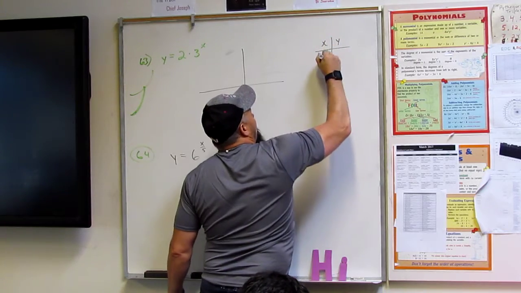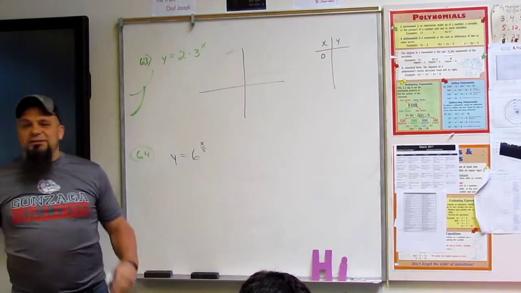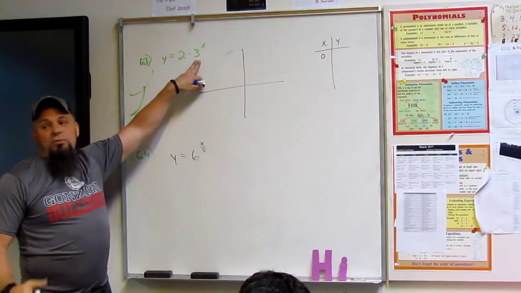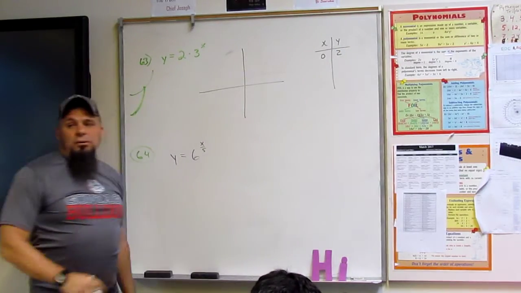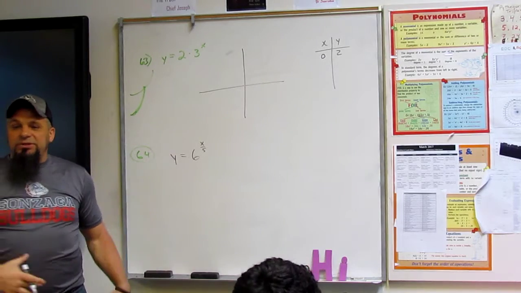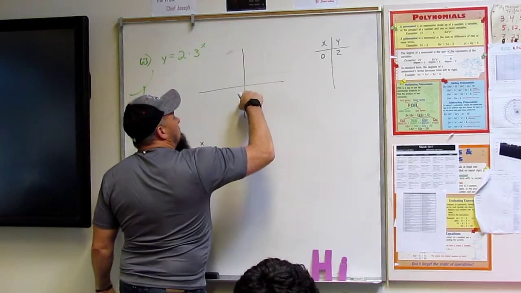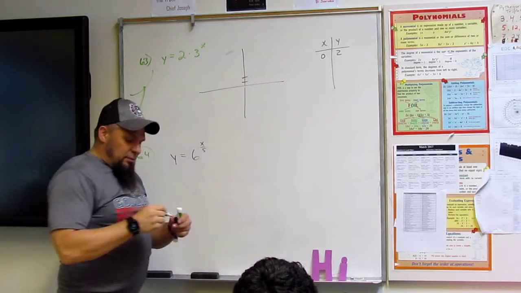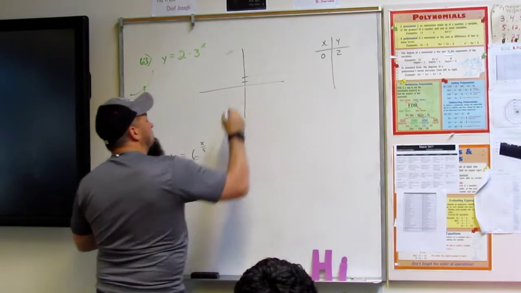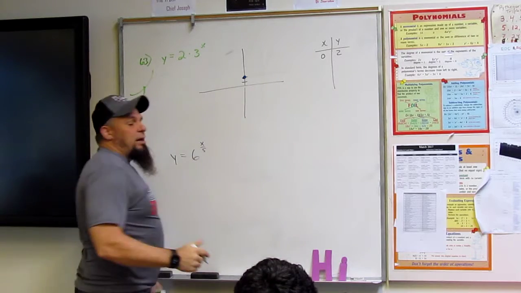So you have x, you have y. I'm going to plug in a 0 for x, because if I plug in a 0, that turns this into a 1. What's 1 times 2? Bam. What's 0 and 2? 0 and 2. So that's where it's crossing.